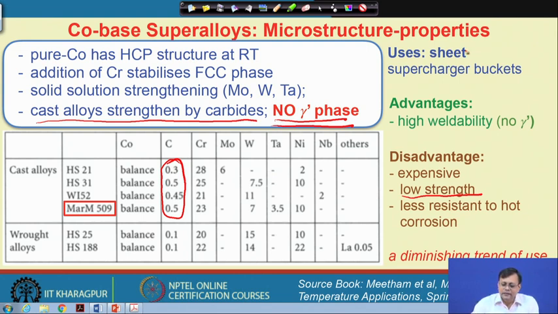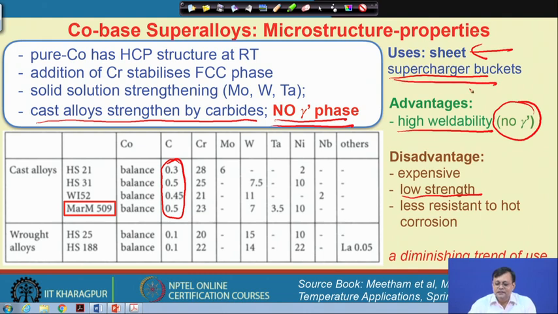However, there are some very good advantages, because we can produce sheets out of these cobalt based superalloys because of their good weldability, and weldability is better because we need not take care of the gamma prime phase in the matrix. So, we apply these alloys in supercharger brackets.